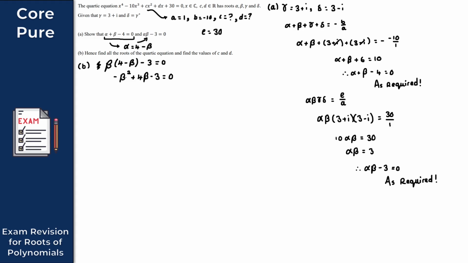Okay, let's just take everything over to the other side, making the beta squared positive. So if I do that, what I get is beta squared minus 4 beta plus 3 is equal to 0. So what I want to do here is solve for beta, and hopefully this will factorize.